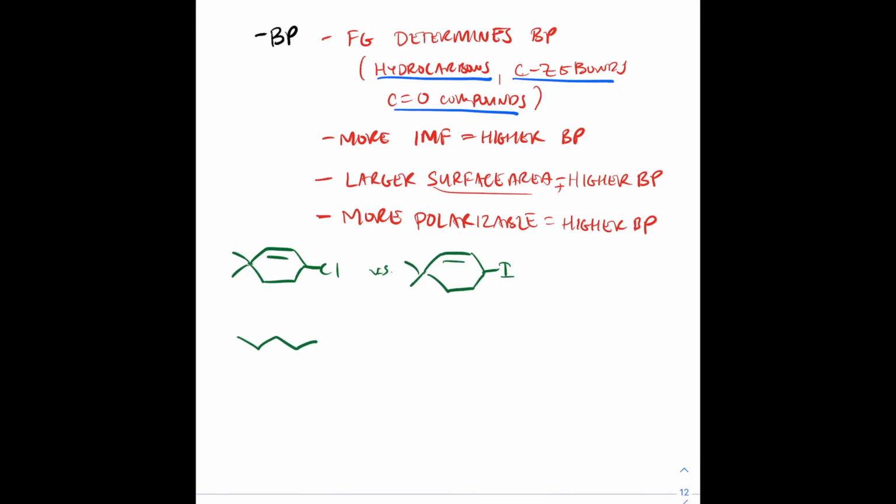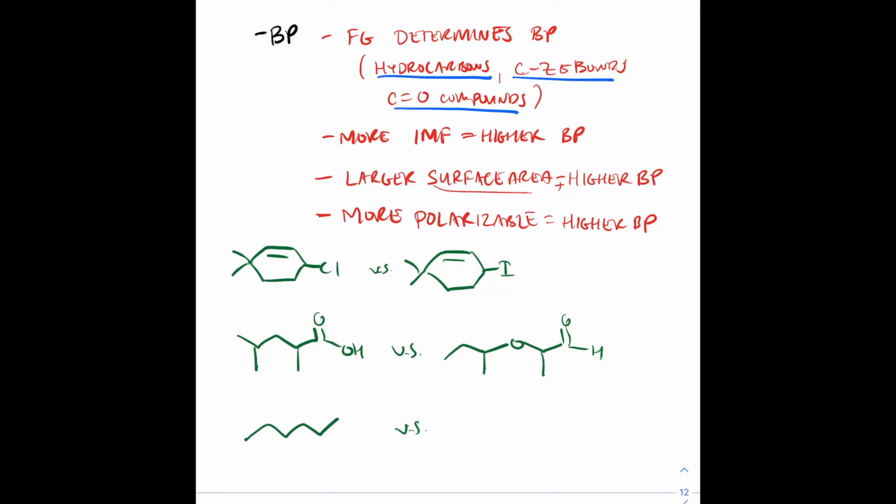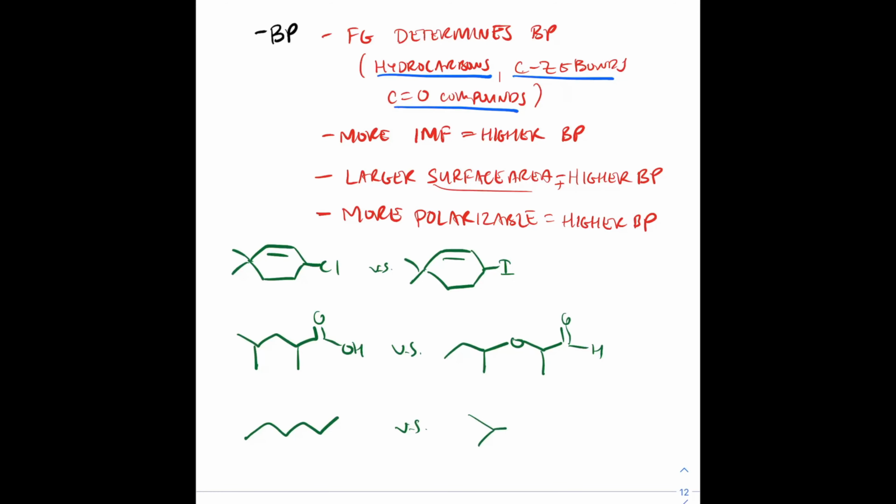Or let's say we've got this versus this, right? Those are very similar as well. And then we can have 1, 2, 3, 4, 5, 6 versus 1, 2, 3, 4, 5, 6. Okay, so all of these are very similar with some subtle differences, right?